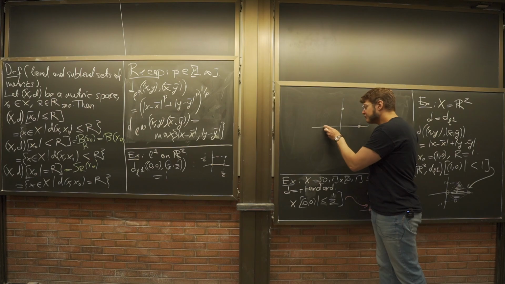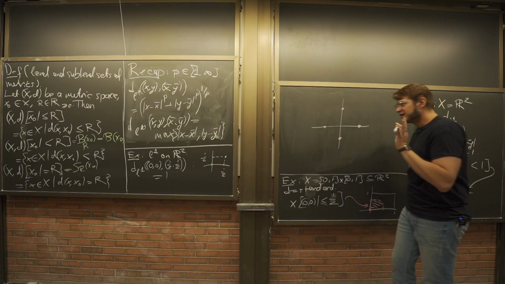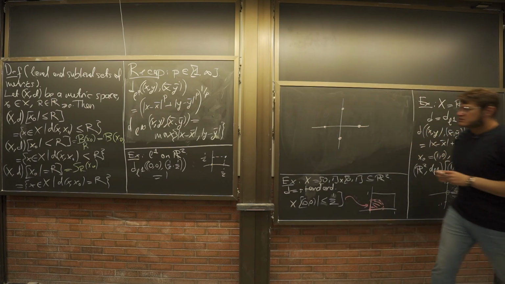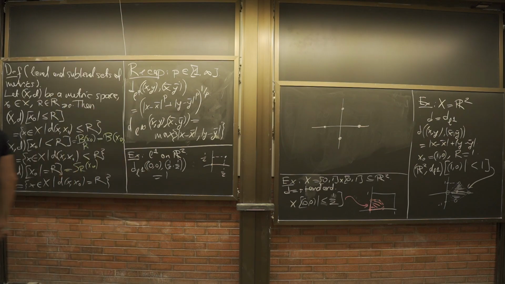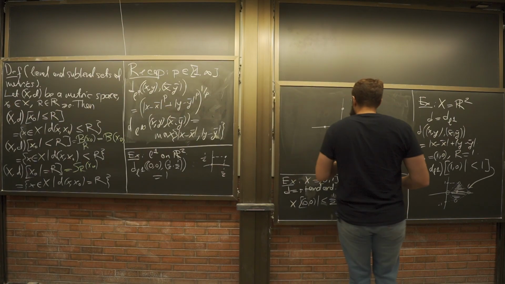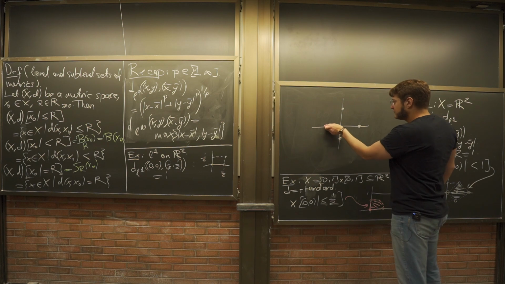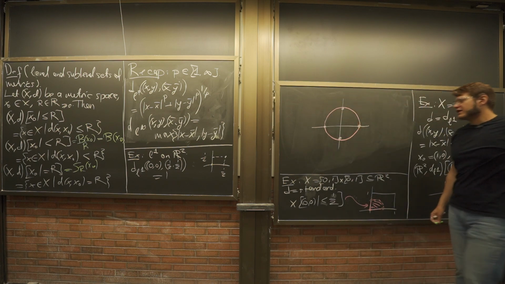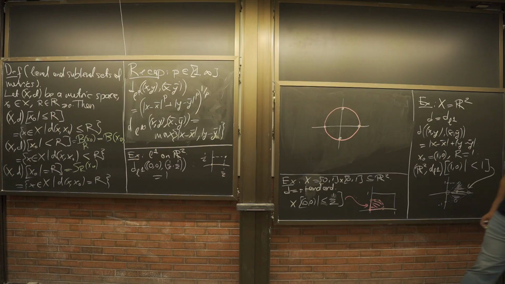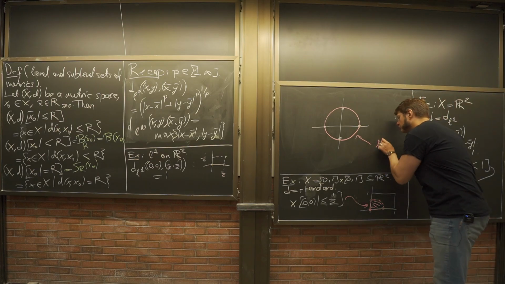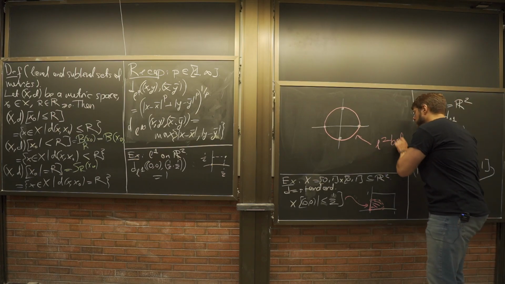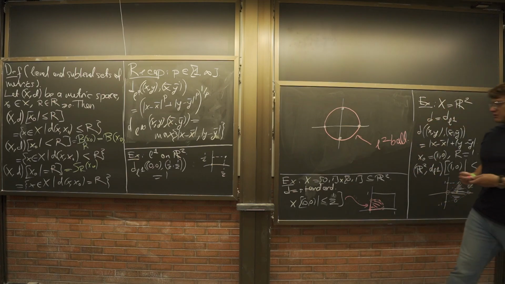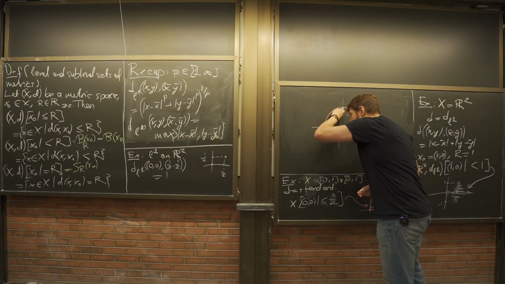So these points are stationary. Maybe I should start with the p equals 2 case. That is the perfect circle case, the one that you know. The p equals 1 case becomes this diamond.